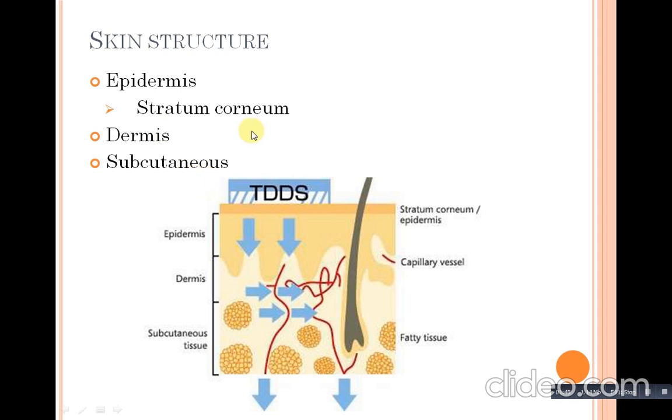The main barrier for the absorption of drug is the stratum corneum because it is very compact and made up of dead cells. When a transdermal patch is applied, the drug will penetrate through the epidermis to the dermis and to the blood capillaries, and through these blood capillaries the drug will be absorbed and carried to the systemic circulation.